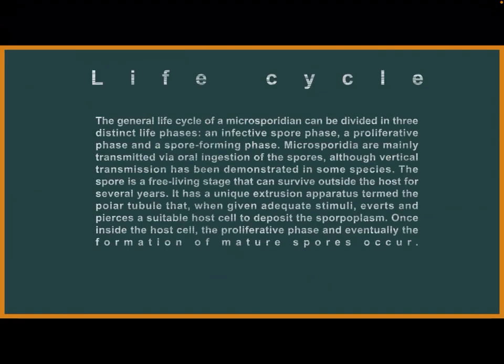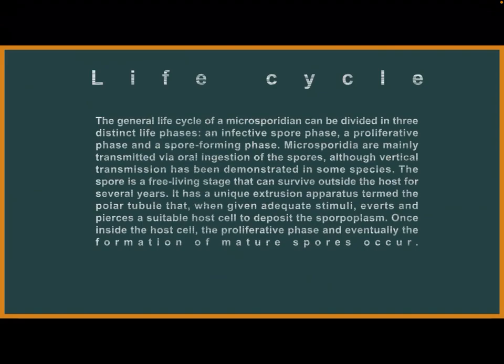The spore is a free-living stage that can survive outside the host for several years. It has a unique extrusion apparatus termed the polar tubule that, when given adequate stimuli, everts and pierces a suitable host cell to deposit the sporoplasm.